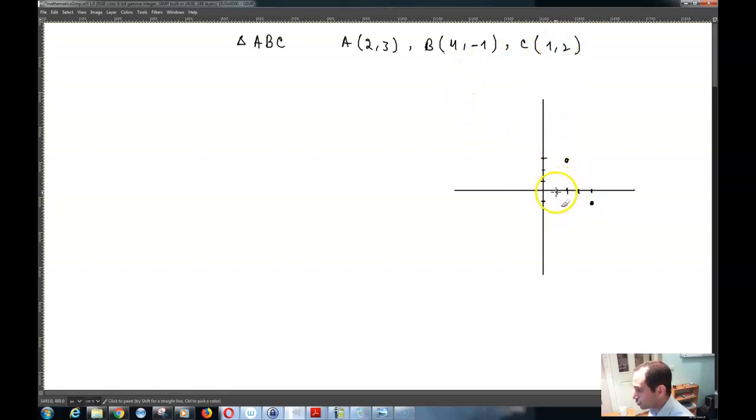And (1, 2) is this point over here. So your triangle is going to be this triangle over here. This is (1, 2), this point is C. This point (4, -1) is point B. And (2, 3) would be this point over here, which is A.